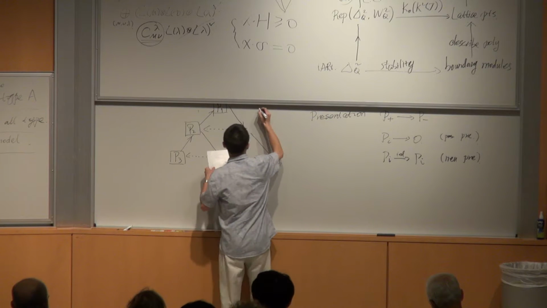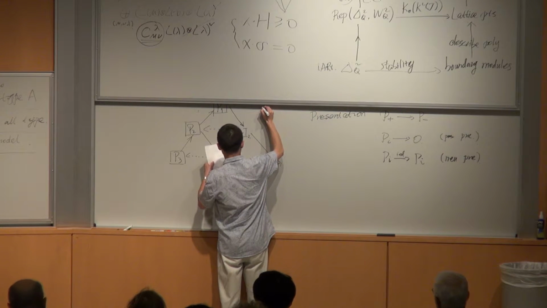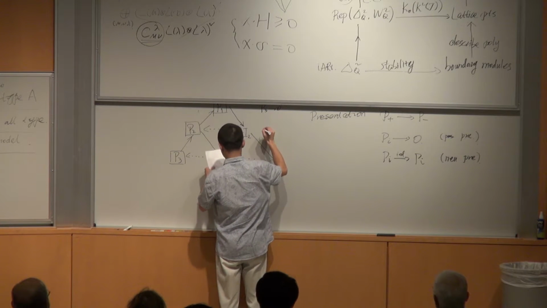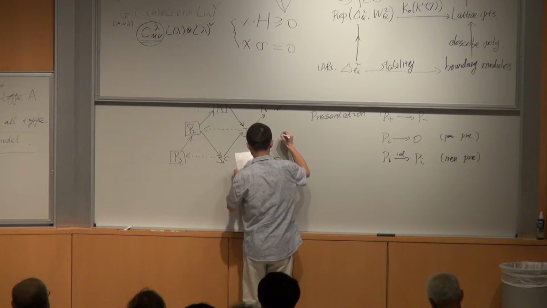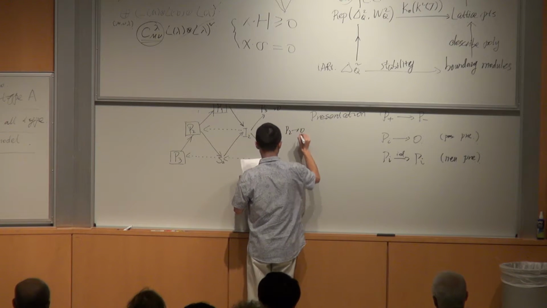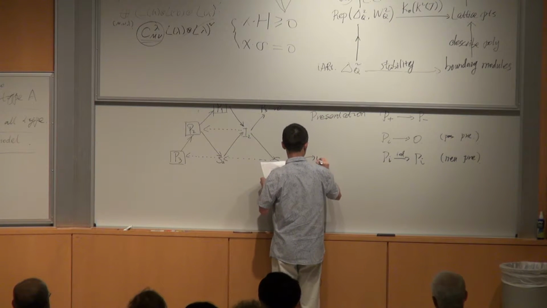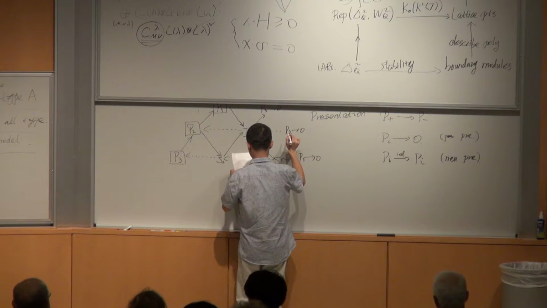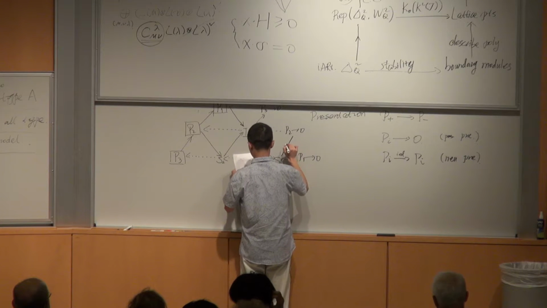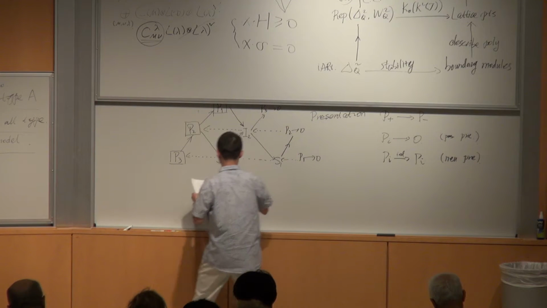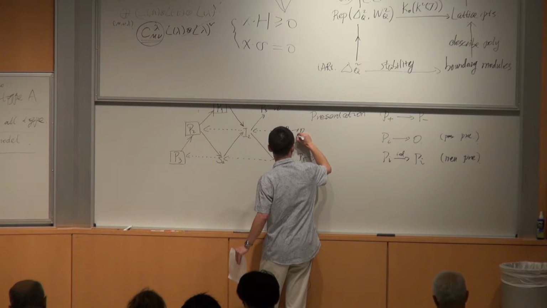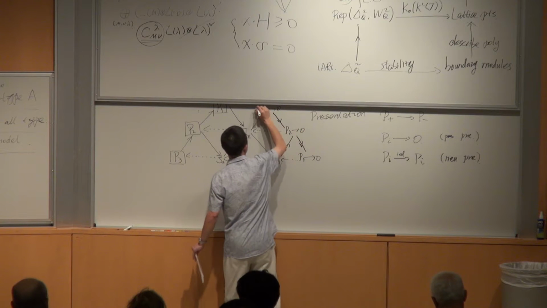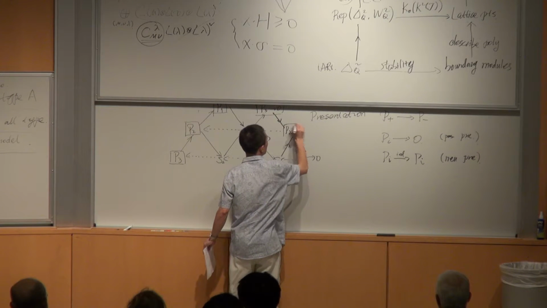For this example, P3 goes to 0, P2 goes to 0, and P1 goes to 0, and those become frozen by definition.